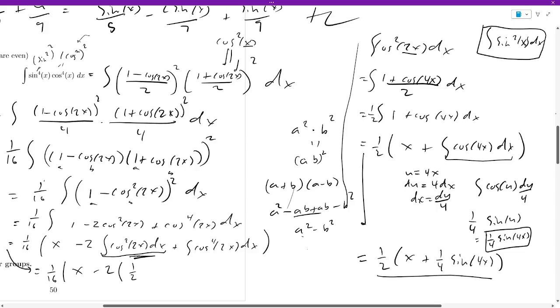Inside these big parentheses, I have this 1/2, new little parentheses, x plus 1/4 sine 4x. I could have distributed that 1/2, but you can always distribute later. And then we still have this other integral that we have to do, this cosine thing. So let's grab this integral also, work on it, and then come back.